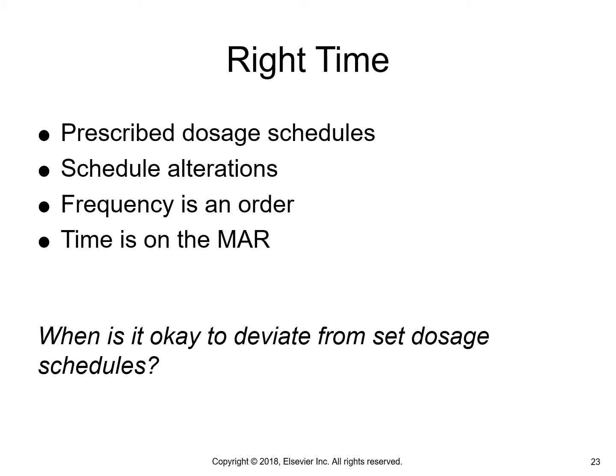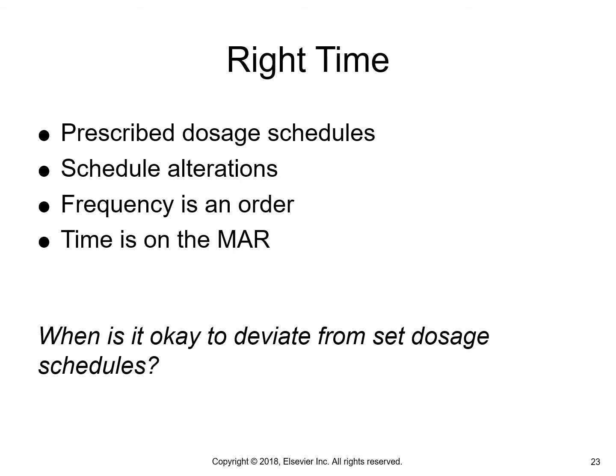Right time. Time is on the MAR and frequency is on an order. So you may have a frequency that says give BID, which is twice per day. That's the order. On the MAR, medication administration record, it will say 08 and 2000. Okay? The MAR will not say give BID because a MAR has to be very accurate.